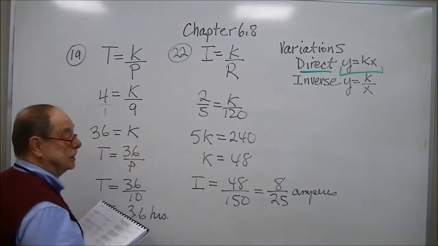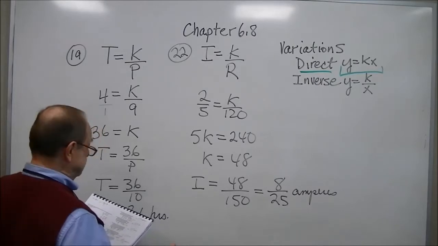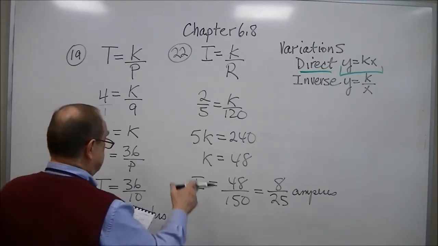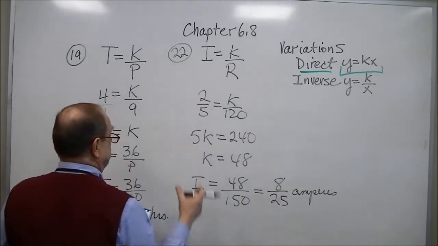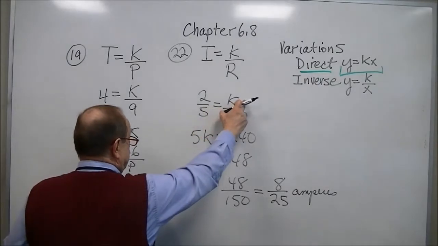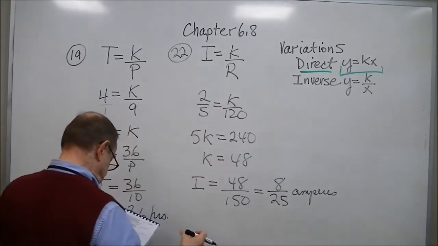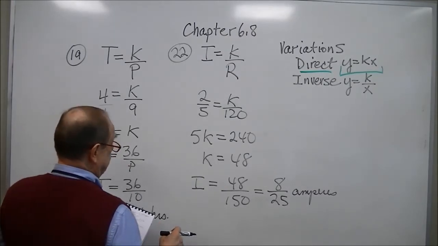I don't know how electrically inclined you are. So it says, if the current is 2/5 of an ampere, that's what you put there, then you need your constant of variation, and your ohms, which is resistance, is 120.